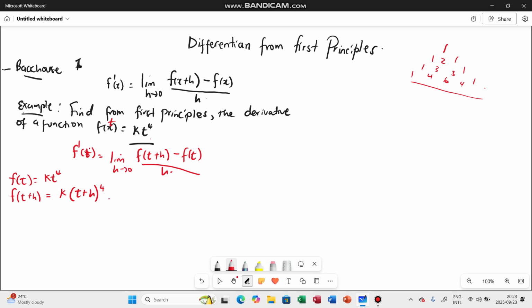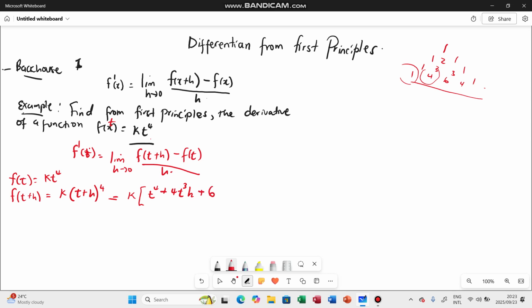What do we mean by this? The first part, obviously I can put a k outside, then it will come later. The first thing is t to the power 4. The second one is 4t cubed h. Now the t becomes small, the h starts to expand.